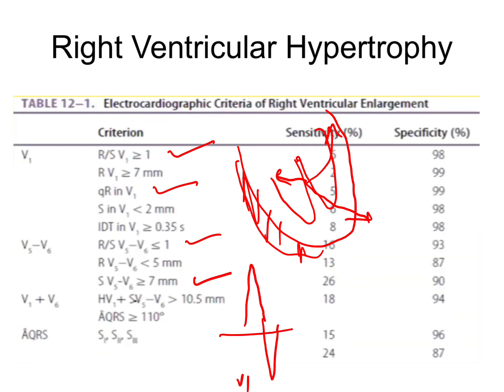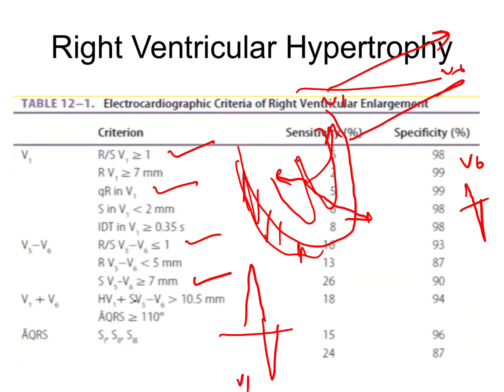Okay, and similarly in V6, the R wave will be small in size as compared to the S wave. As we have seen in a normal ECG, the amplitude of the R wave increases from V1 to V6 and the amplitude of the S wave decreases from V1 to V6.